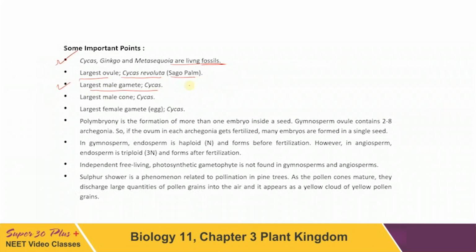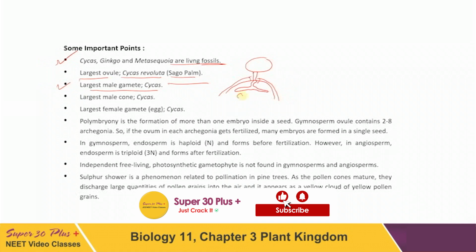In Cycas, the pollen grain will be released at the micropyle and it will germinate and make the pollen tube, and here the male gametes are released. The male gametes are flagellated.